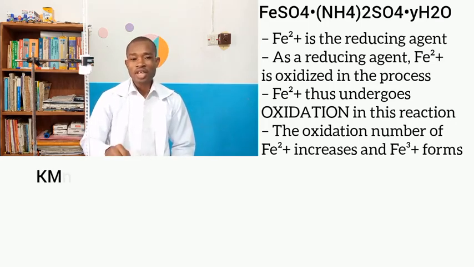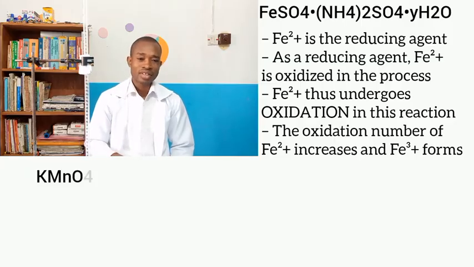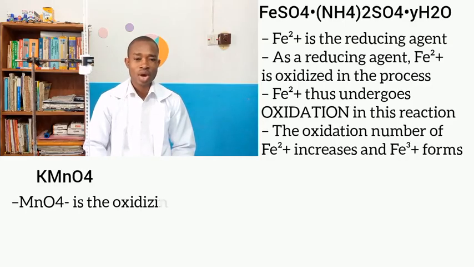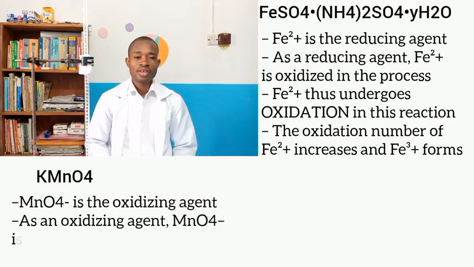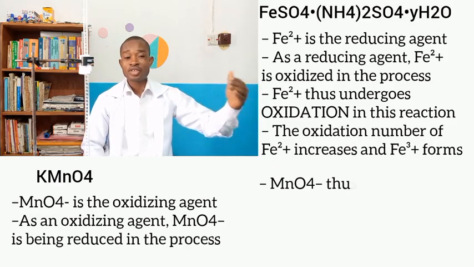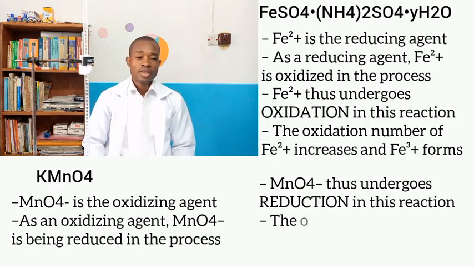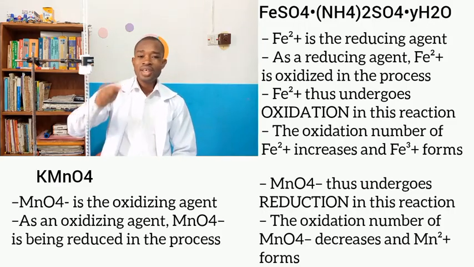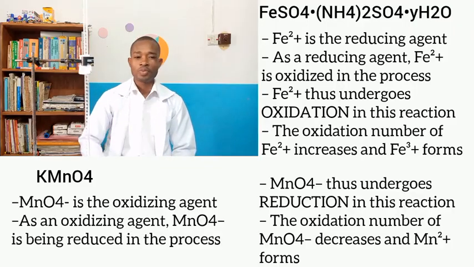Then, potassium manganate 7 is serving as our oxidizing agent. It's serving as our what? Oxidizing agent. It is oxidizing that iron 2 ion. So if potassium manganate 7 is serving as the oxidizing agent, it itself will be reduced in the process.